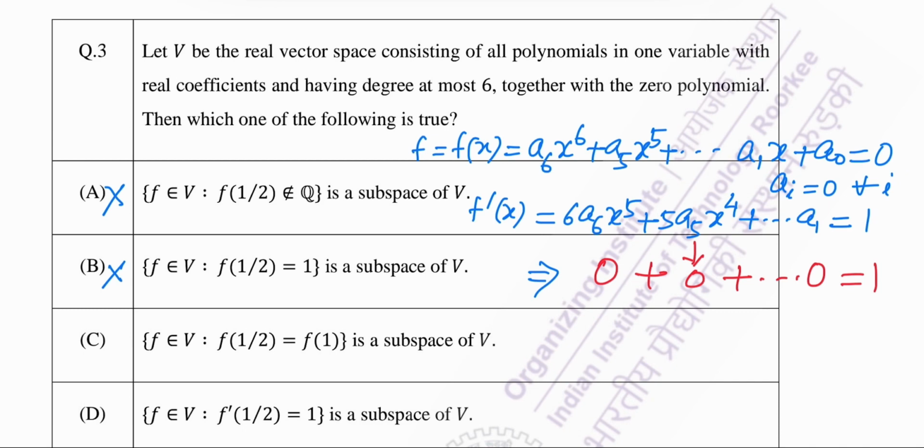Obviously it is wrong, so our option D is also wrong. So we are left with only one option, that is C. And earlier you saw that this option C has the 0 member. So our correct option is C. Okay.